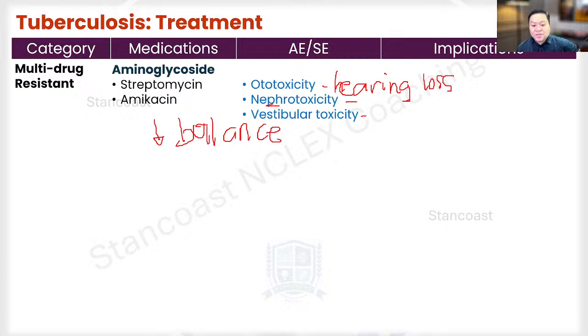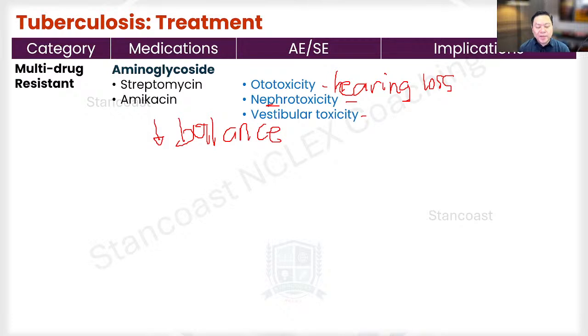It's affecting their balance. Okay, so what is really the vestibular function? Well, remember that this is going to be inside the inner ear, right? And so if this is going to cause problems in the inner ear, this will now lead to unsteadiness. And this problem, though, can become permanent or temporary.